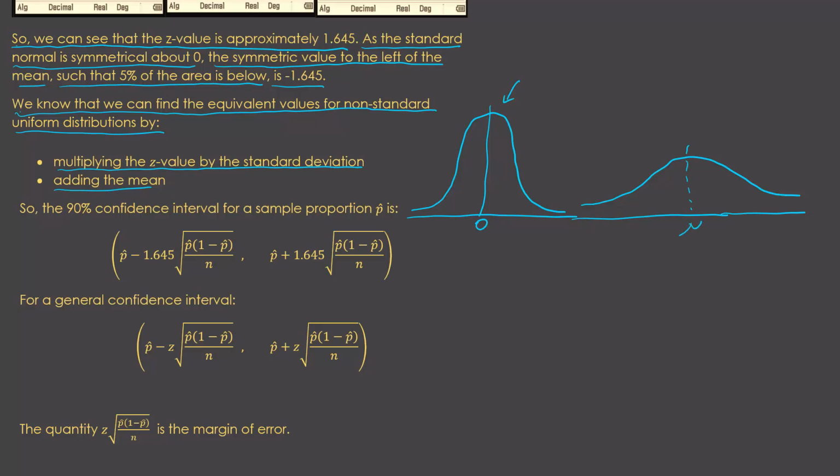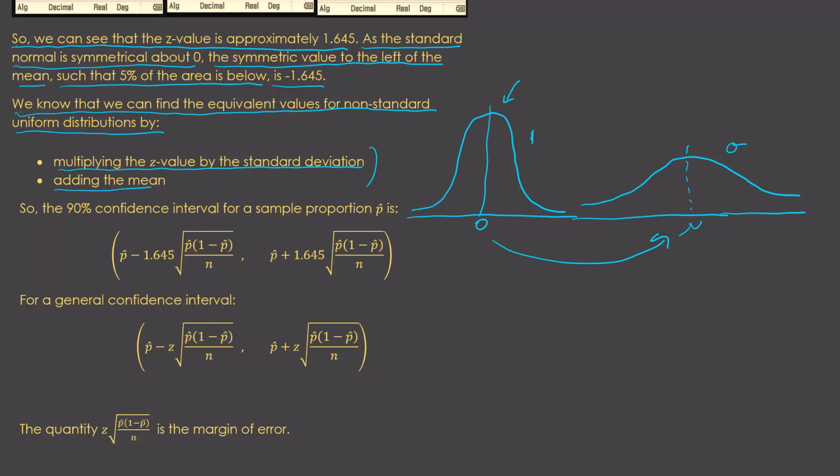We'll say the mean for that one is mu and the standard deviation is sigma, whereas over here the mean is 0 and we know the standard deviation is 1. If we multiply by the standard deviation, that changes the shape, and then adding the mean moves the location. That's how we can transform from the standard normal to any other normal.